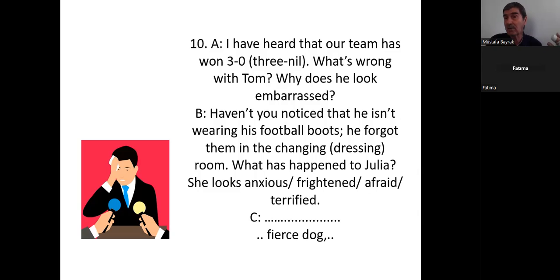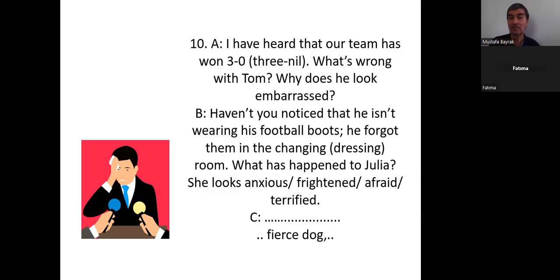Something or somebody has terrified, okay, terrified Julia. Yes, this is why she looks frightened. She looks afraid. Maybe she has just seen something frightening, something terrifying. Okay.